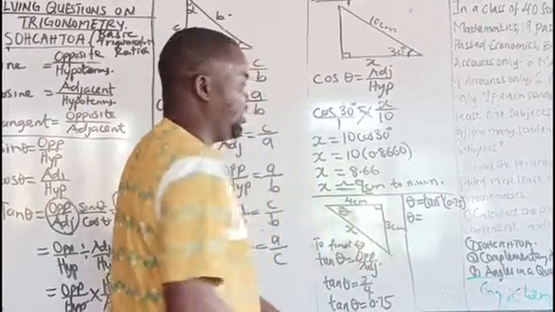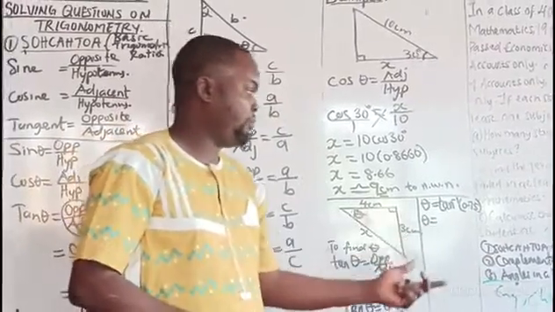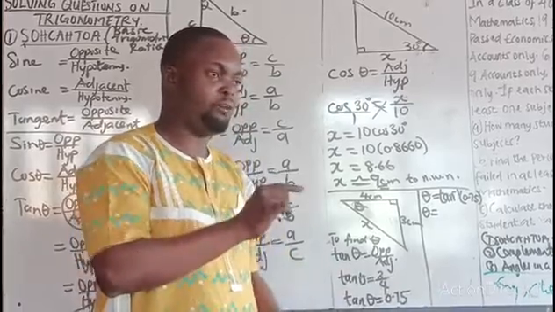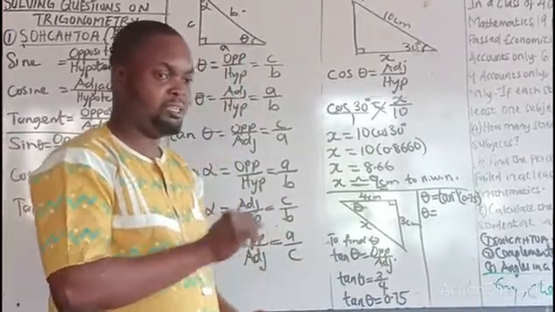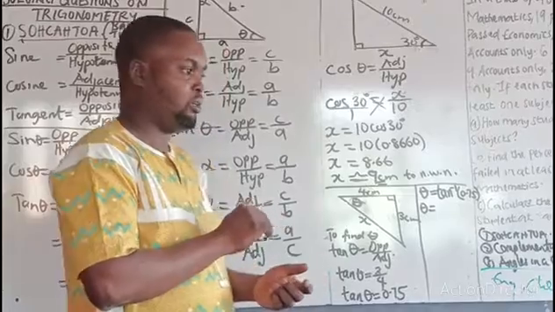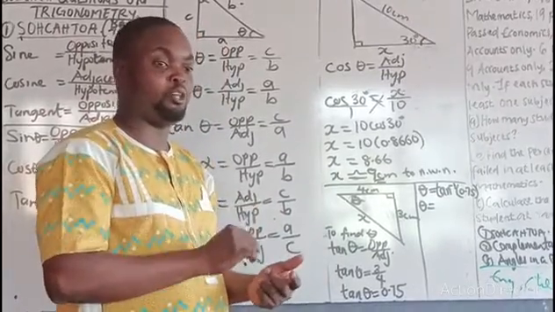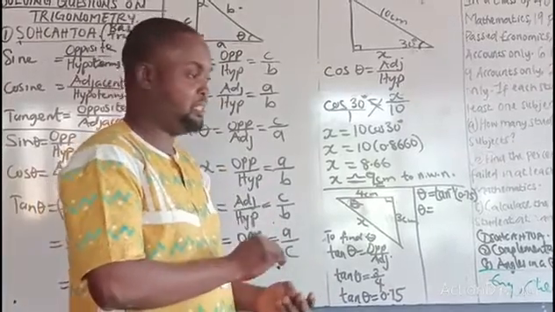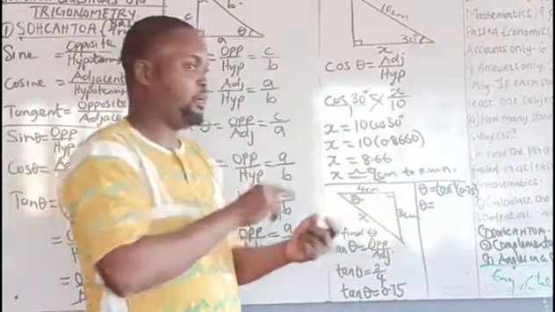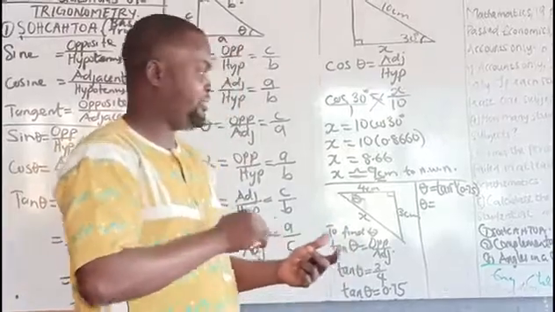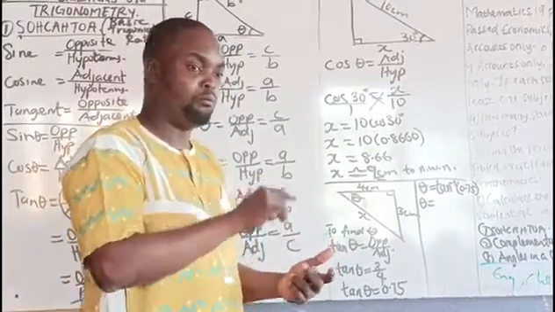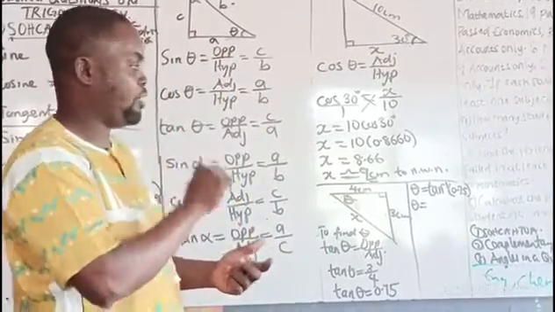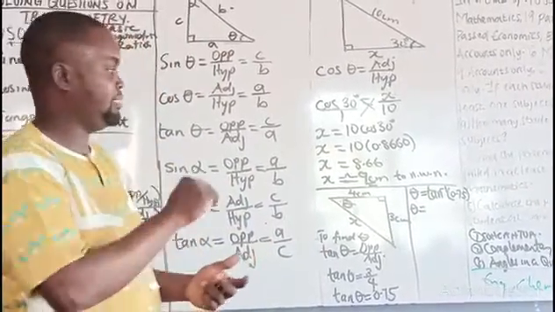And how do you get that? On your calculator, before you press tan, you press second function. Or if your calculator doesn't have second function, it has shift. Second function and shift mean the same thing. So you first press second function before you press tan, then 0.75.